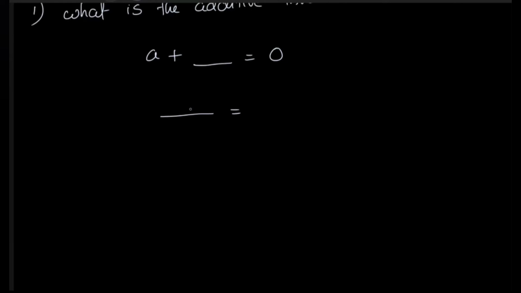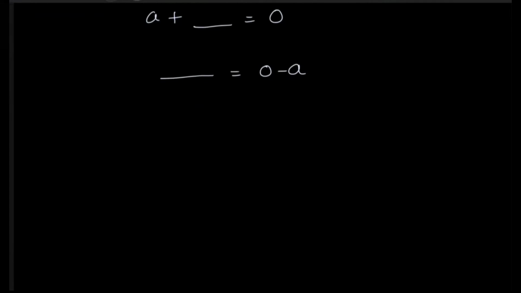What we have to find out is kept alone on the left side and the other terms are taken to the right side. So this positive a will become negative a, and it is equal to 0 minus a. I already discussed that from 0 we cannot subtract anything, so it is equal to negative a.